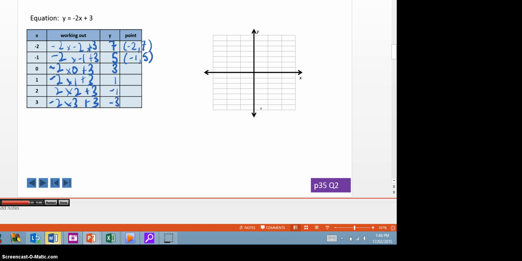The other way that you need to be able to do is to work backwards. You're given your a and b, your gradient and your y-intercept, and you just have to put them back into the general equation. So your general equation looks like that. Wherever we see a, we're going to put a 3, and wherever we see b, we're going to put a 2. So it would look like this. Again, when we see a gradient of -2, we'll put it in, and our y-intercept is 0.